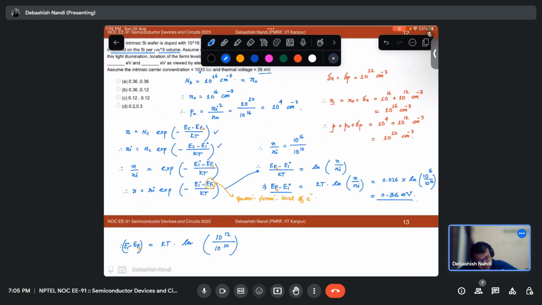So KT would be 0.026 into ln 10 to the power 2, and it will be nothing but 0.12 electron volt. So this is for holes, this is for electrons. So your answer would be B.